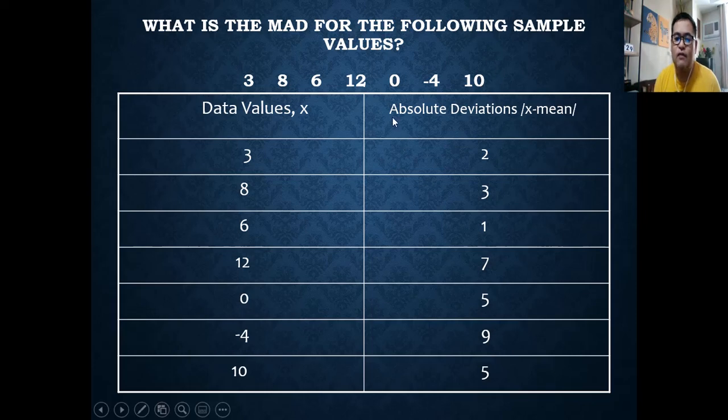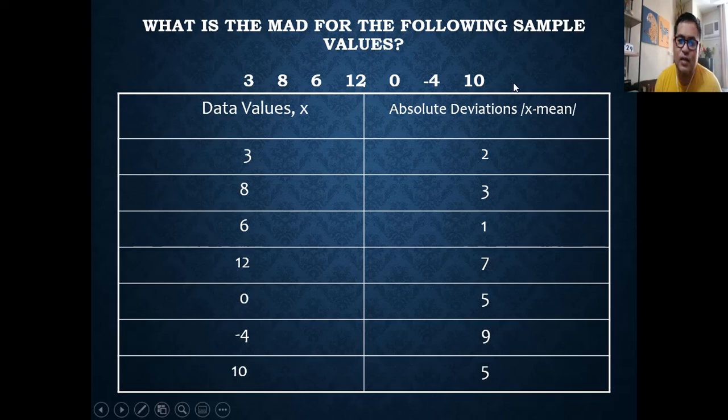And of course, you have to get the absolute deviation. What is the absolute deviation? If we go back to the formula, it is the absolute value of x minus x bar, or x minus mean, because x bar means the mean. In this particular set of values, you have to find first the mean.